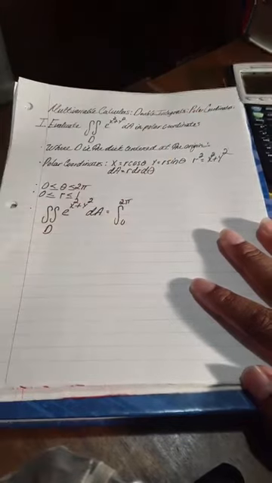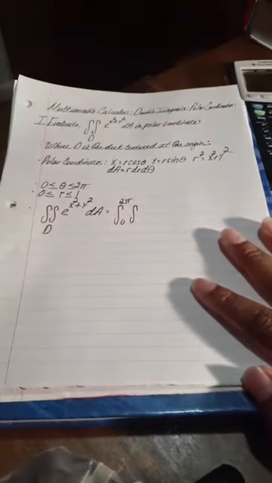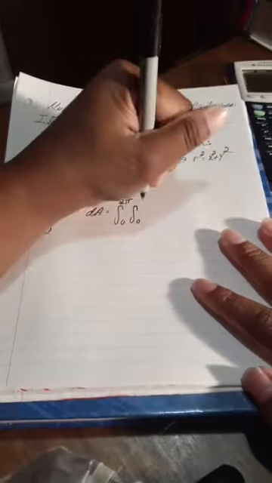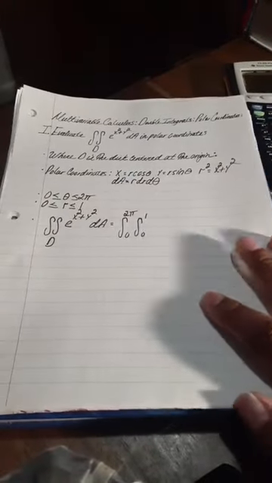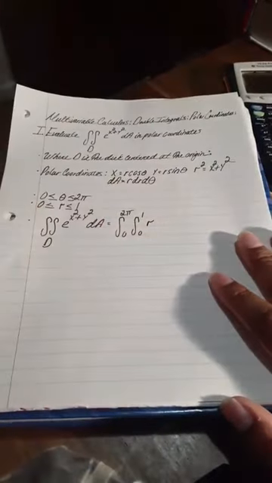So what is that going to give us? Well, we know we're integrating with respect to theta last, so the outermost integral must have the limits from 0 to 2 pi, and then the innermost integral will have the limits from 0 to 1. Now since we got r dr d theta, we still got our r.